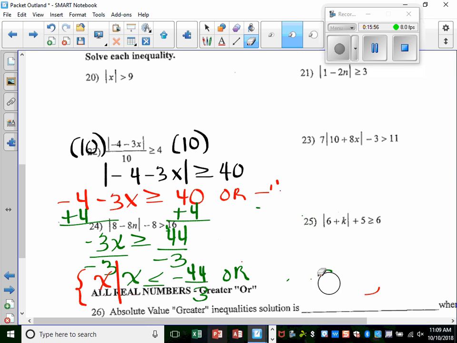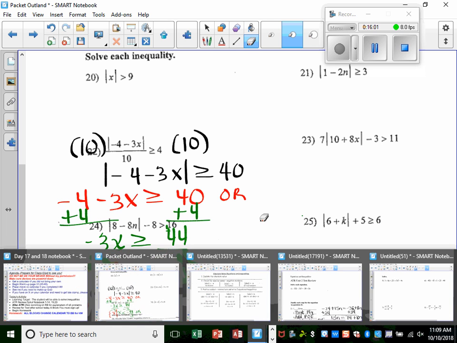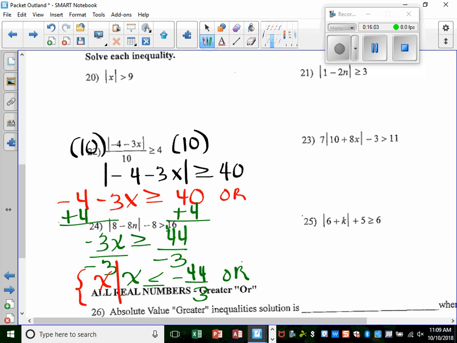All right, so in 23, who can tell me what to do first? Got to know where to start. What should I do first? Divide by 7. Oh, we're going to add 3 first. Anytime you have positive and negative numbers, you always want to do those first. So we got to get rid of that -3.